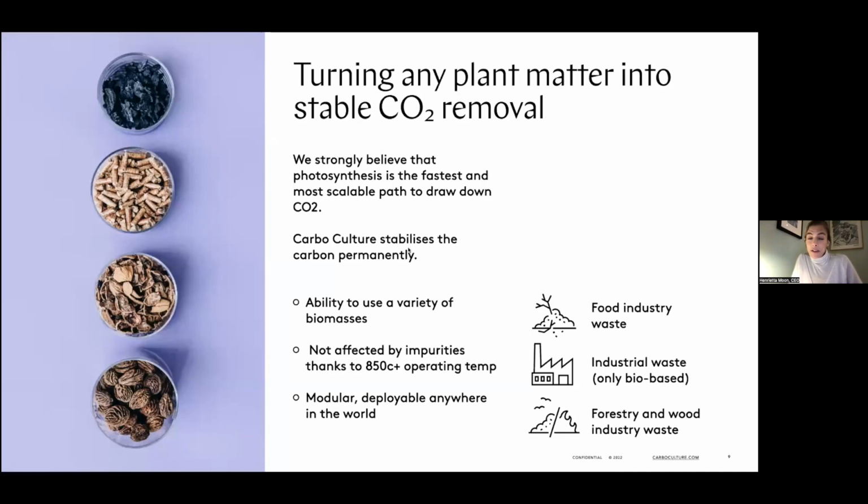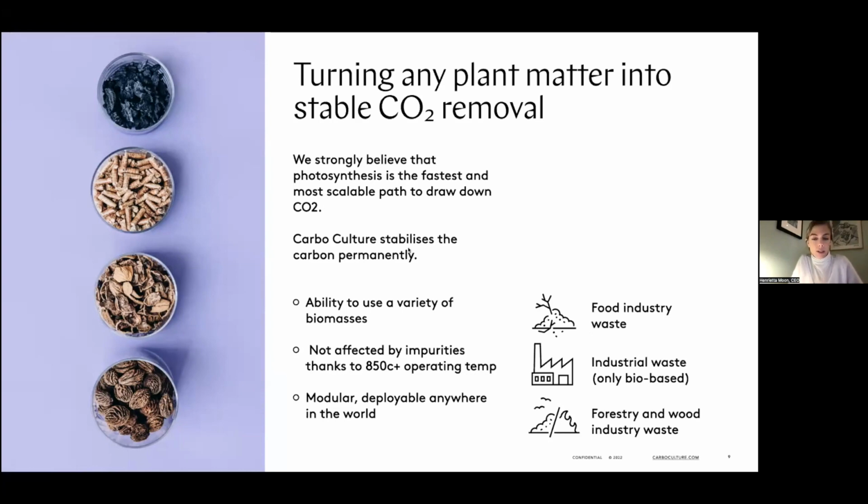What kind of plant matter do we turn into CO2 removal? Well, like many of the biochar systems, there's a lot of different kinds of biomasses that you can use. And again, we just believe that photosynthesis is the fastest way to do this. And currently we're using waste materials. So food industry waste that accumulates in one site, industrial waste, again, that's sawdust from sawmills or some other byproducts from the wood industry or lumber industry or something like this.